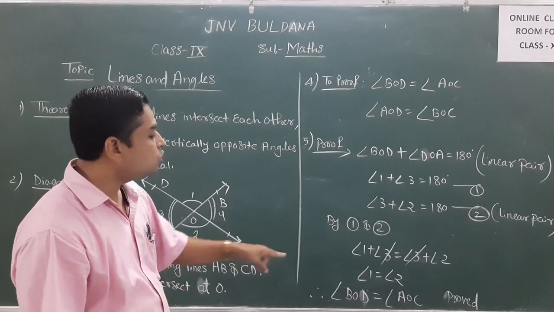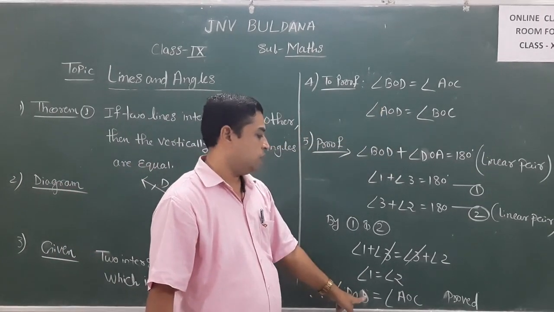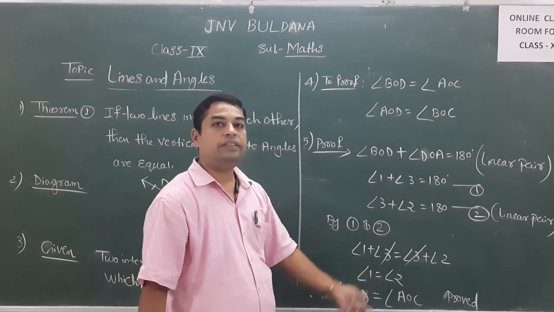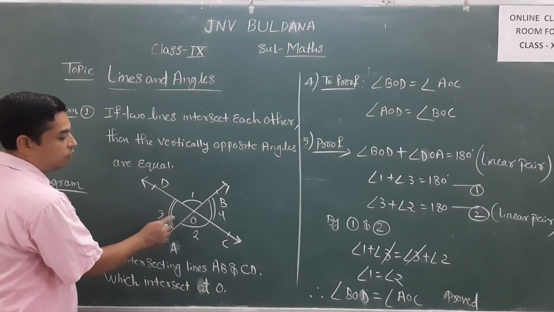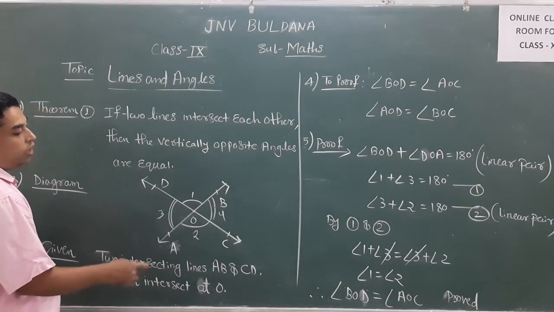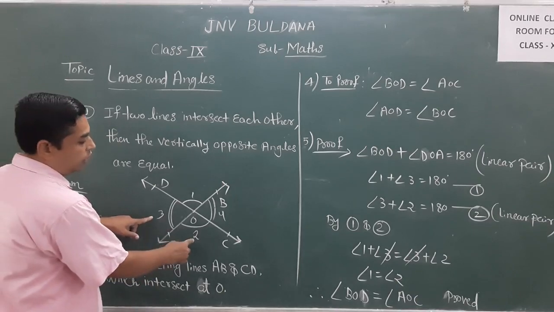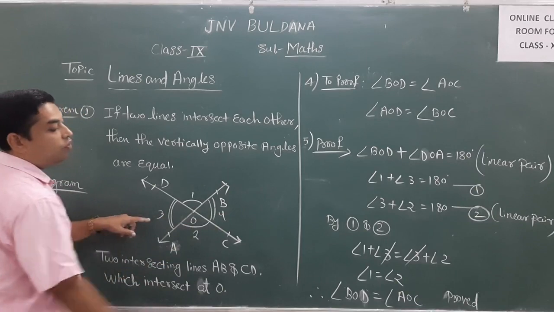So the first part we already solved, and the second part is again the same, so we need not solve it again. We can write similarly. Just like we took 1 plus 3 is 180, then 3 plus 2 is 180, and 3 is cancelled out. In the same way, you can take 3 plus 2 is 180, then 2 plus 4 is 180. So 2 will be cancelled out, and again 3 and 4 will be equal.